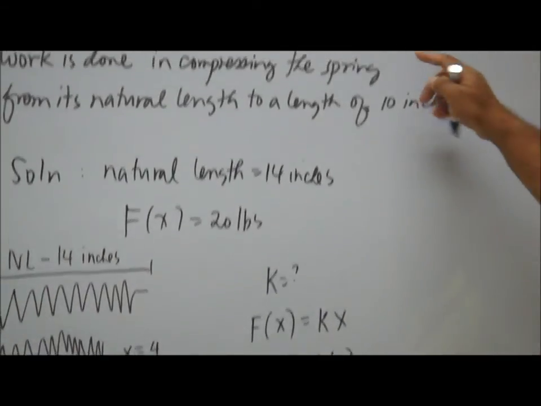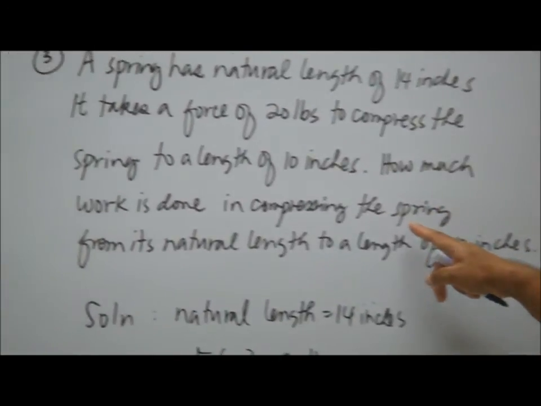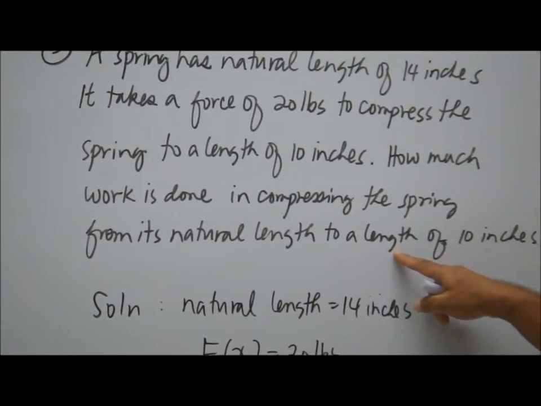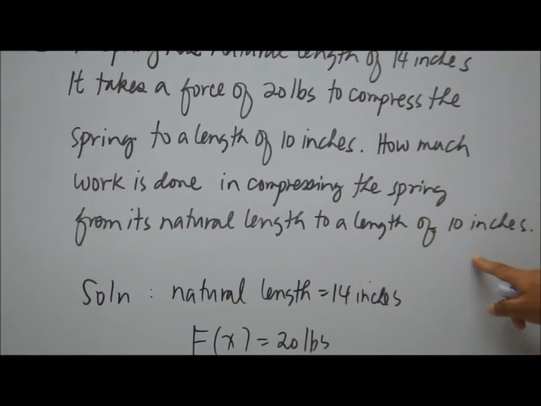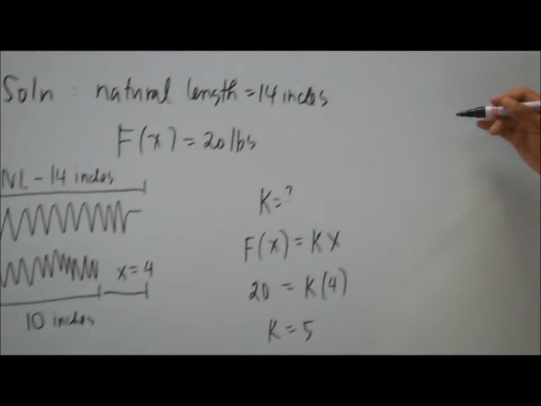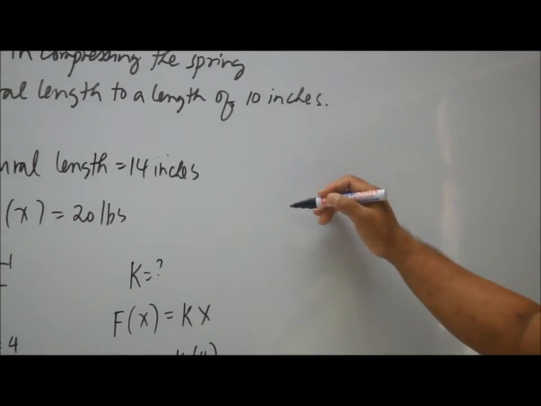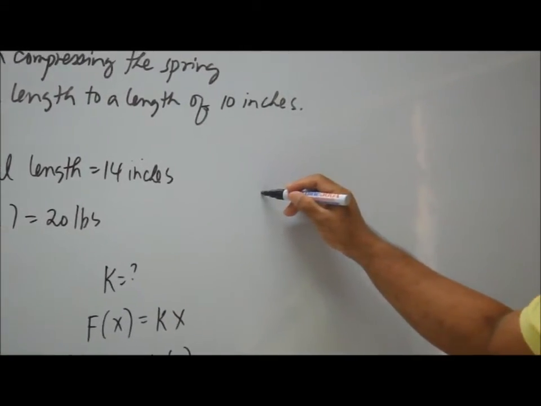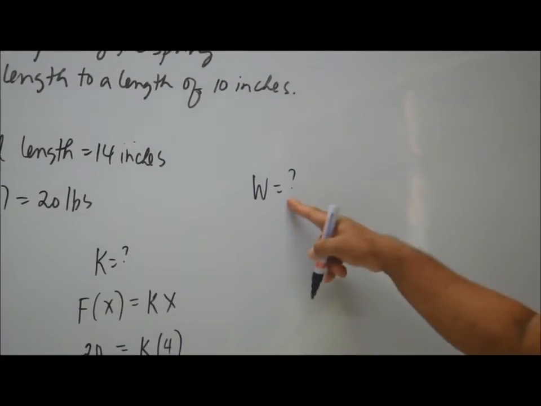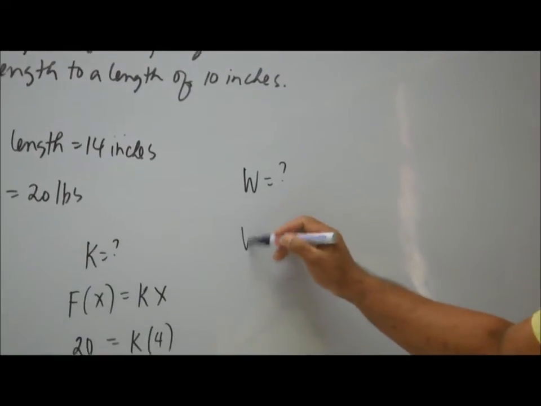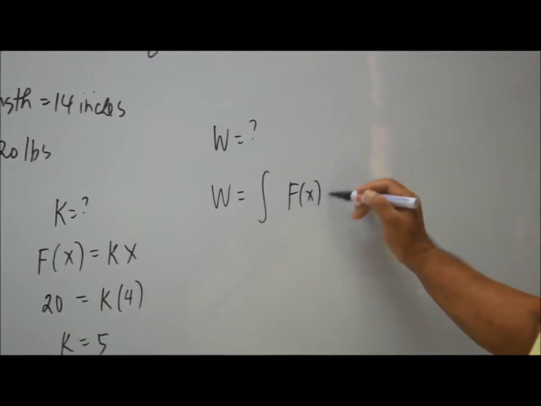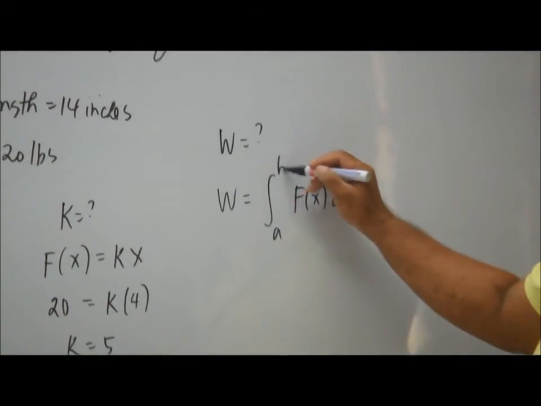So then what do we have here? How much work is done in compressing this spring from its natural length to a length of 10 inches. Okay, so with that, we have the work done being required, and the formula would be the integral of f of x dx from a to b.